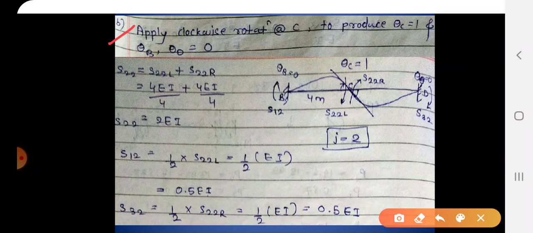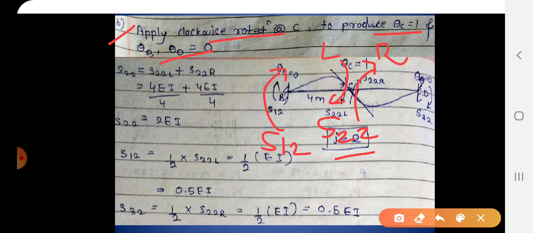Our second redundant is theta C. Therefore apply clockwise rotation at C to produce theta C equal to 1 and theta B, theta D equal to 0. You can see the clockwise moment at C, J is 2. So this will be S22 L and R, and at B S12, and at C S32.